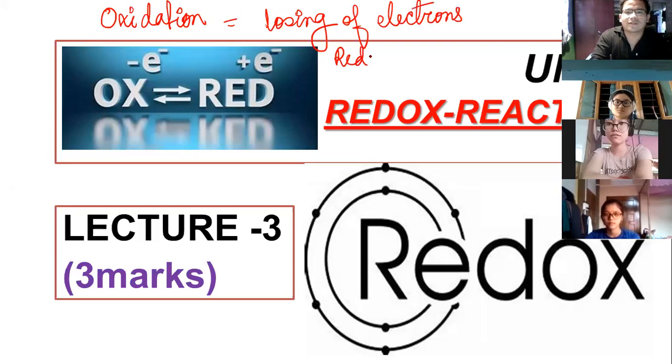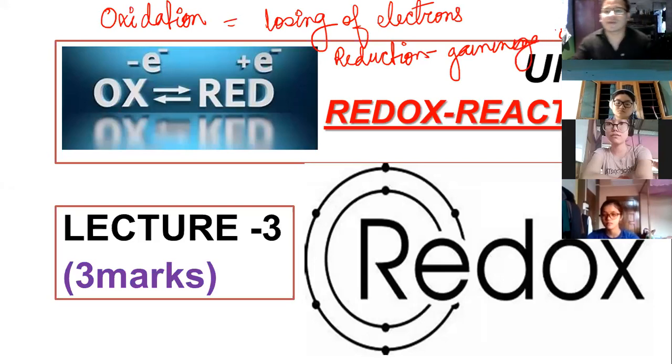And reduction means it is gaining of electrons. Okay, gaining of electrons. So don't forget these two concepts. Okay, now we're going to find the oxidation number rules.